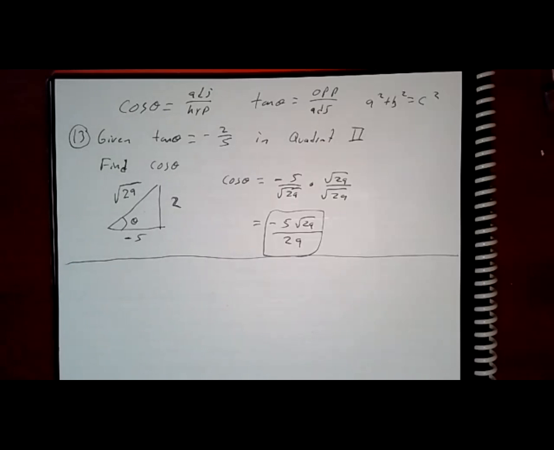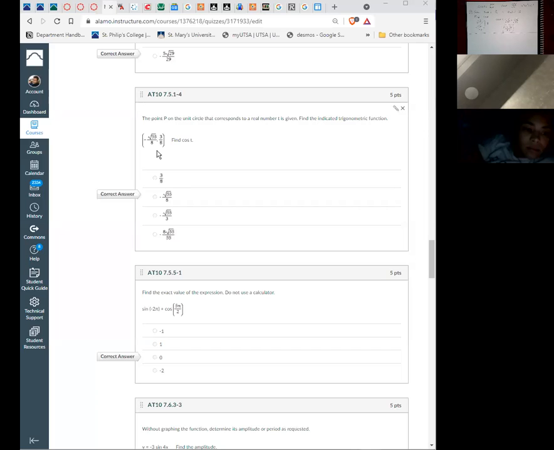Here. They give you a point on the circle, and they ask you to find cosine. So you choose the X. That's the answer.